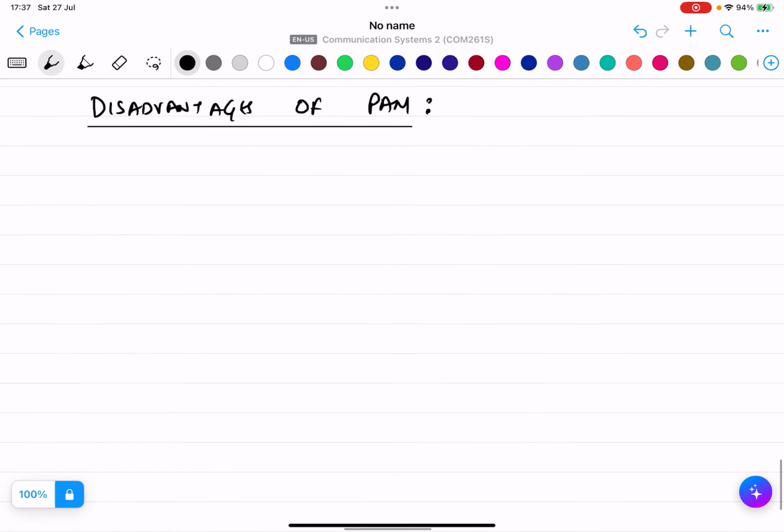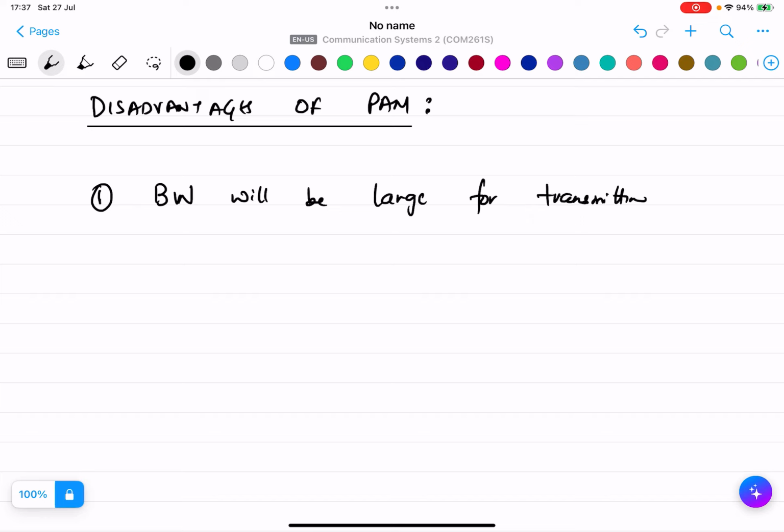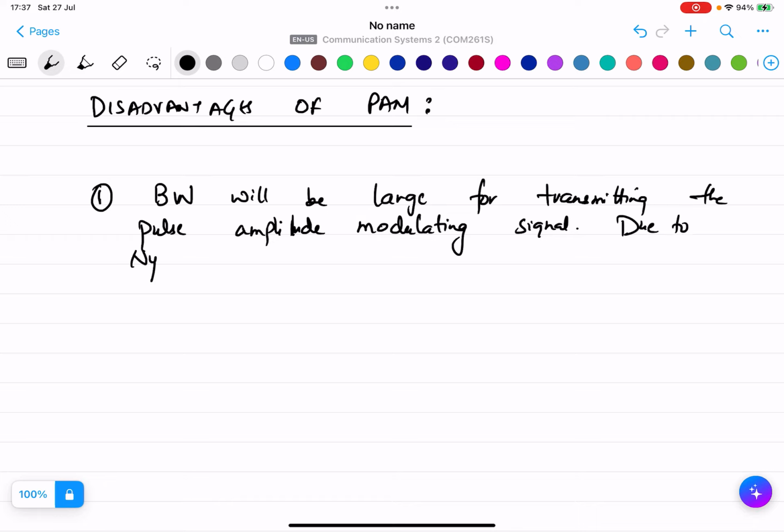Bandwidth will be large for transmitting the pulse amplitude modulating signal due to the Nyquist criteria.